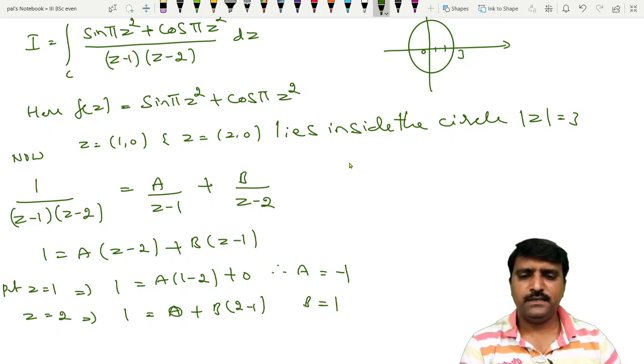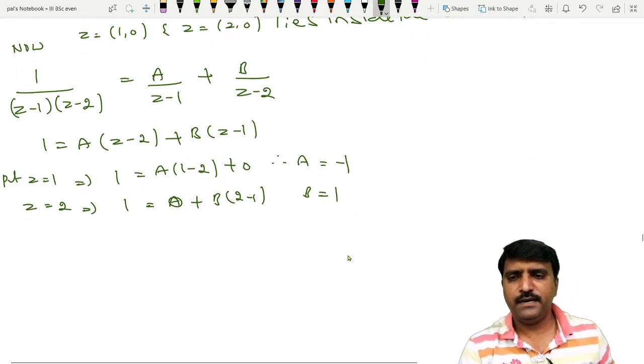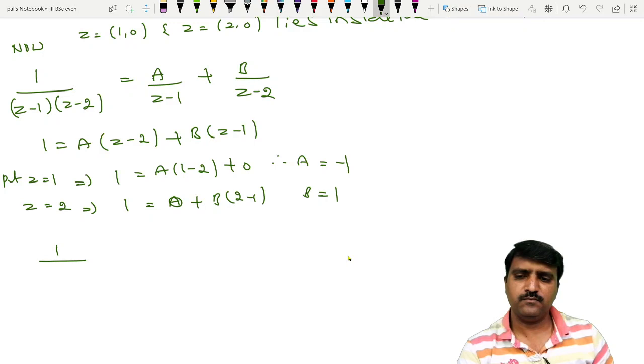A is minus 1, B is 1. So we have 1 by z minus 1 into z minus 2 can be written as minus 1 by z minus 1 plus 1 by z minus 2.